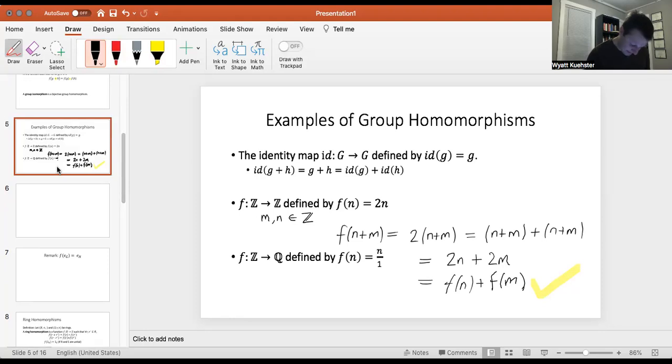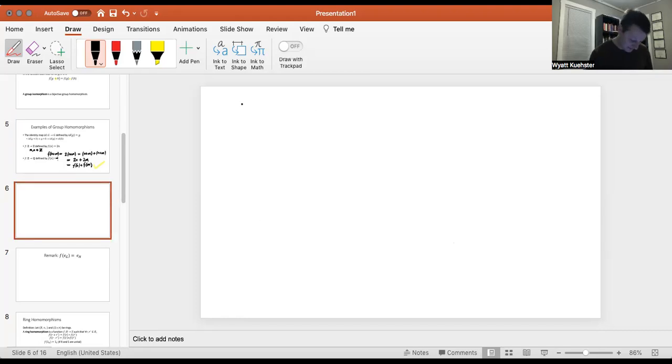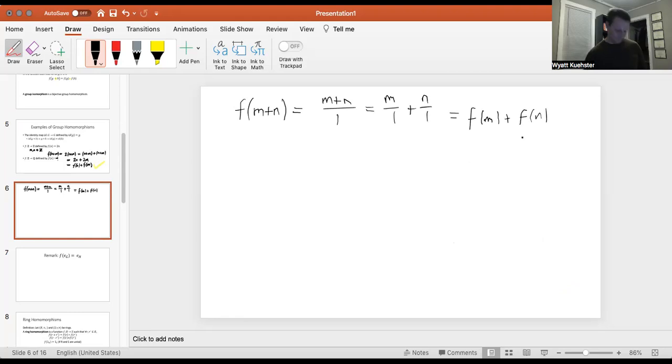I claim that it's pretty obvious that this is a group homomorphism for the same reason that the identity is, because f of m plus n equals (m plus n) over 1, which equals m over 1 plus n over 1, which equals f of m plus f of n. So this is definitely a group homomorphism.